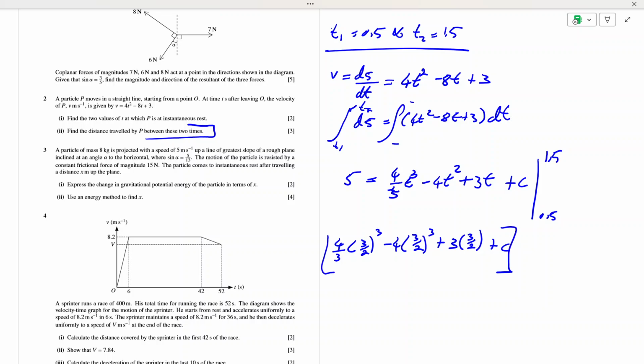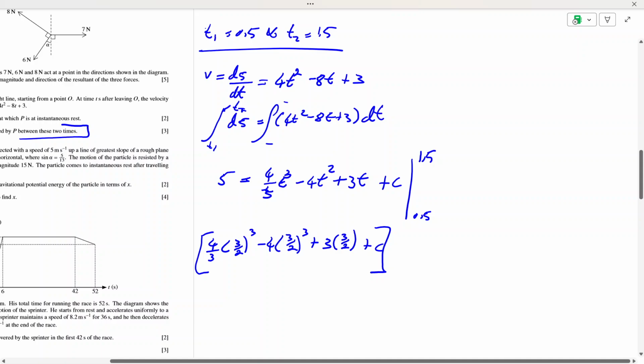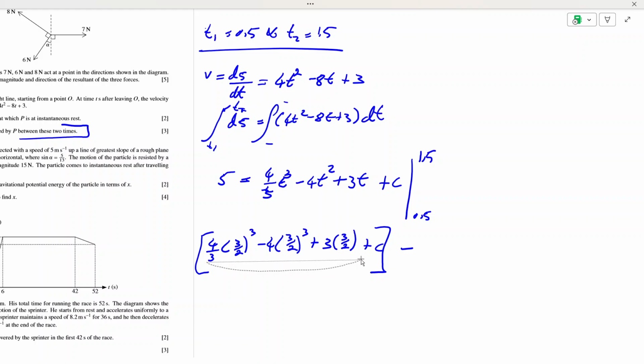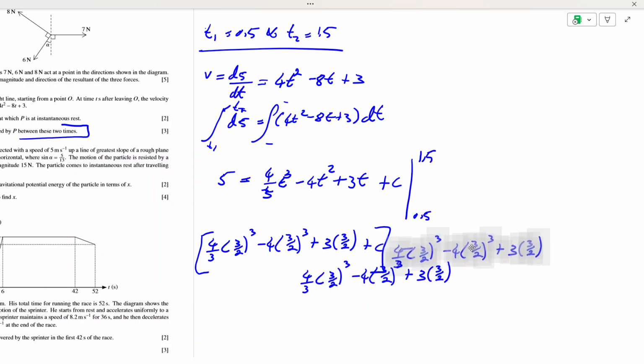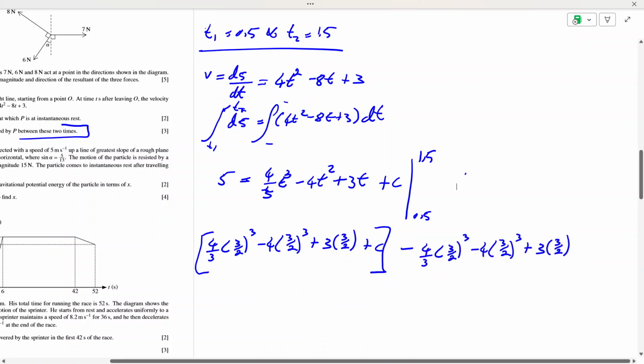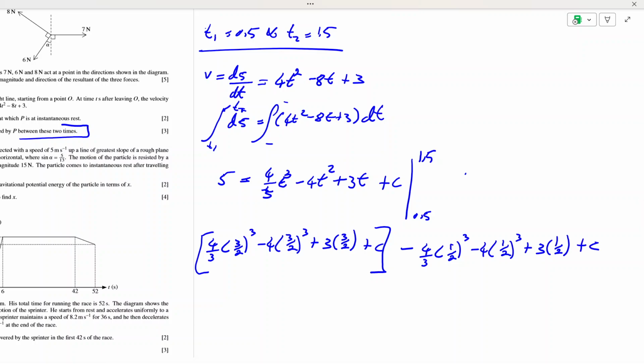Then subtract the same thing, the only difference is this is going to be a half, plus c, right?